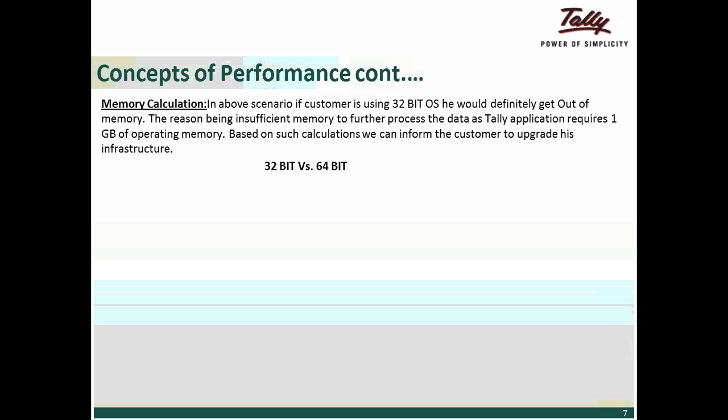It is 100% sure that the moment the paging goes beyond 2 GB, the system will throw out of memory. So in such cases, it is recommended to install a 64-bit operating system and recommend 64-bit Tally.ERP.